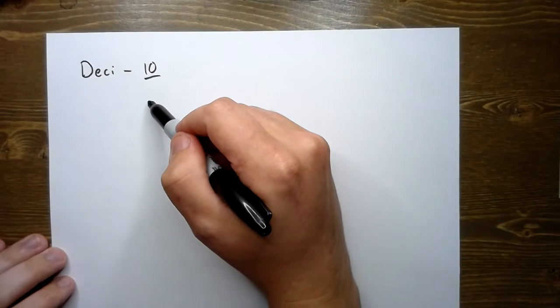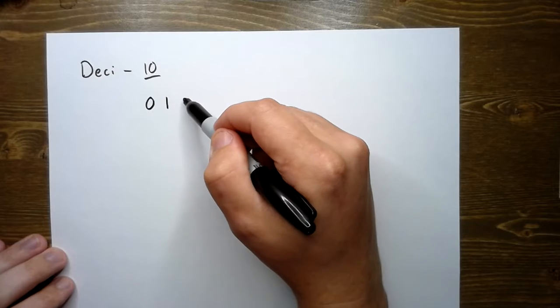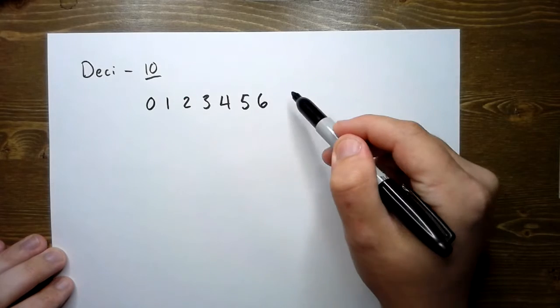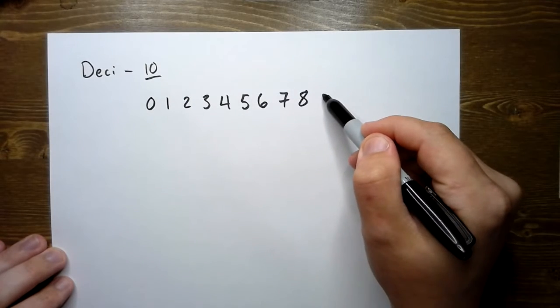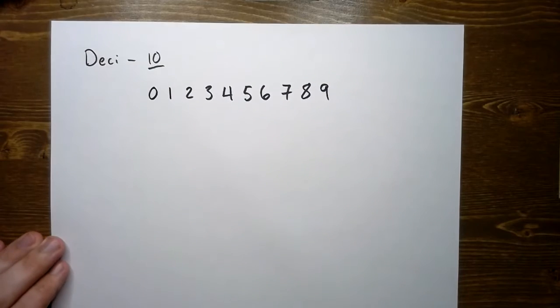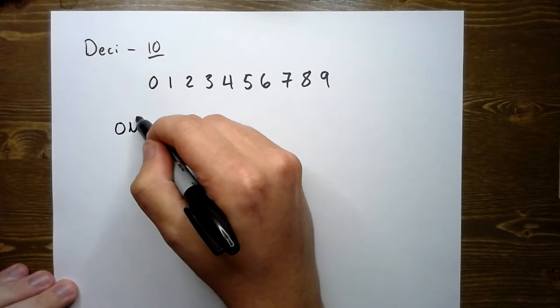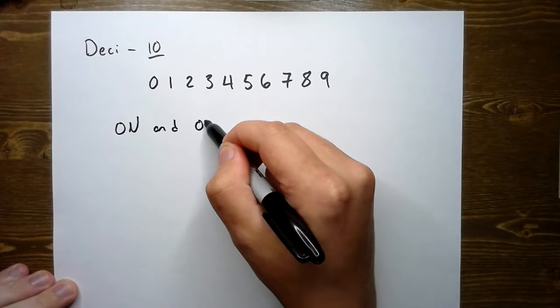The numbers in our decimal number system are 0, 1, 2, 3, 4, 5, 6, 7, 8, and 9. So there's 10 different numbers that we use in the decimal system. We use this decimal system to represent numbers in our everyday life, and it works pretty well. But when we start talking about digital electronics, we can't use the decimal number system anymore because digital electronics only understand two states, which is on and off, right?